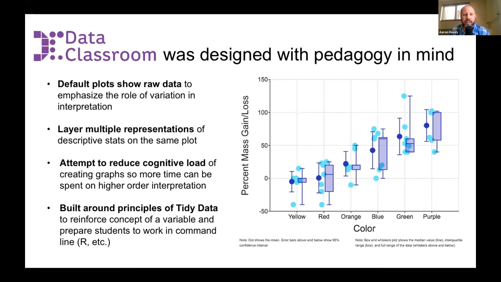You have the ability to layer multiple representations of descriptive stats on the same plot, like what you see in this example, showing you the median and the mean on the same plot with two different visuals that are dropped right on top of the raw points. And the whole idea is that we are attempting to reduce the cognitive load of creating graphs, getting students to spend less time with buttonology or troubleshooting simple code, and allowing students and instructors to spend more time on higher order interpretation.